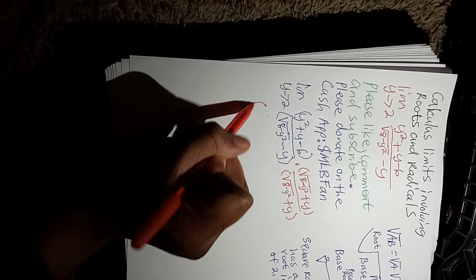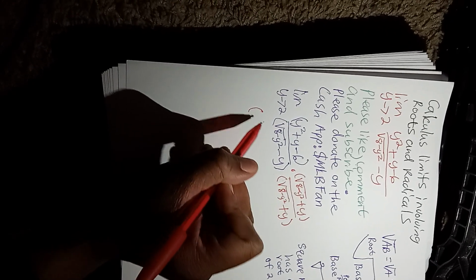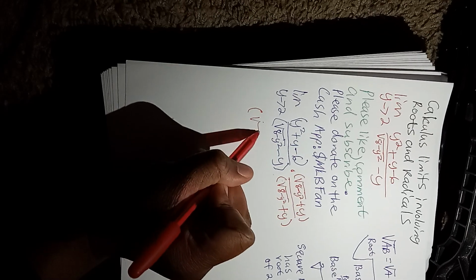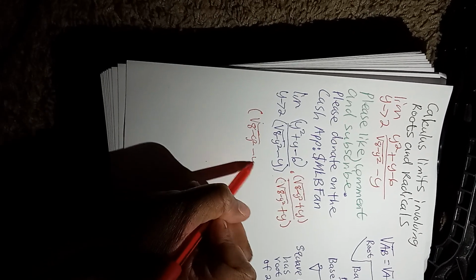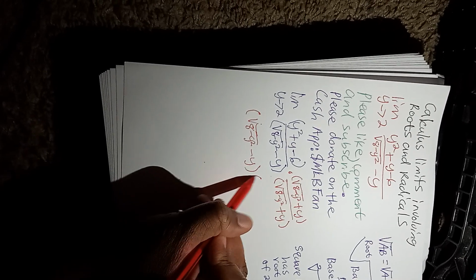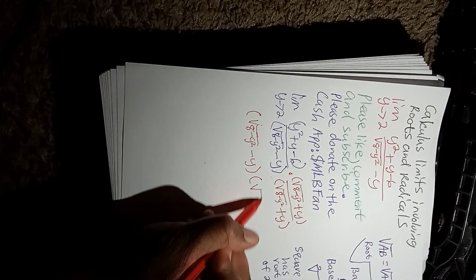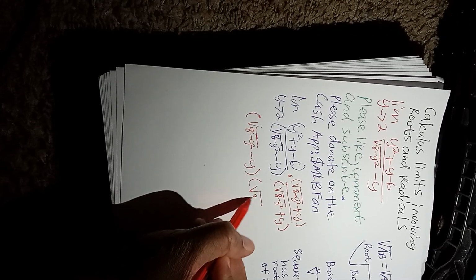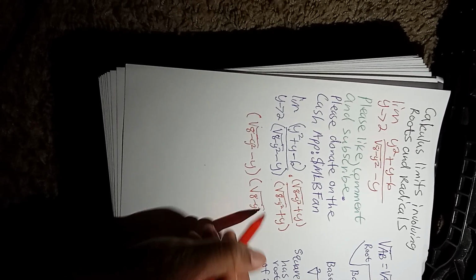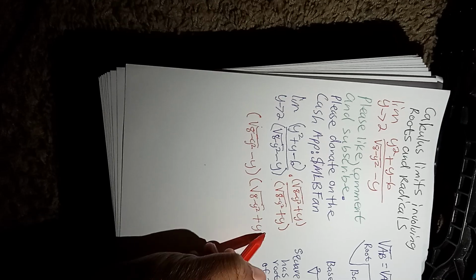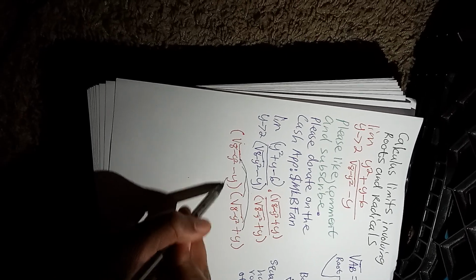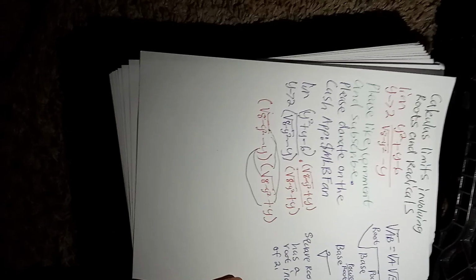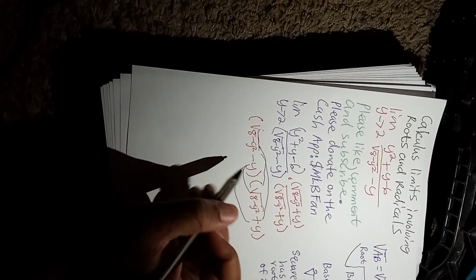Let's begin to multiply that out. I'm going to rewrite this denominator so we can see the direct FOILing here, plus y. So we want outer, outer, inner, inner when FOILing.